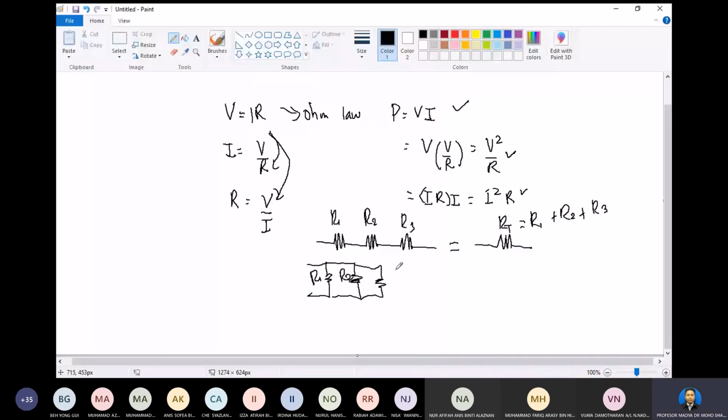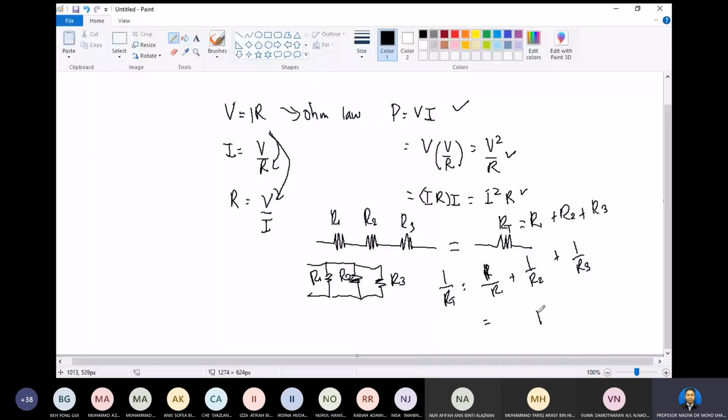The formula to calculate the resistor in parallel is: 1 over R equals 1 over R1 plus 1 over R2 plus 1 over R3. That is the formula to calculate, and then you can simplify it.